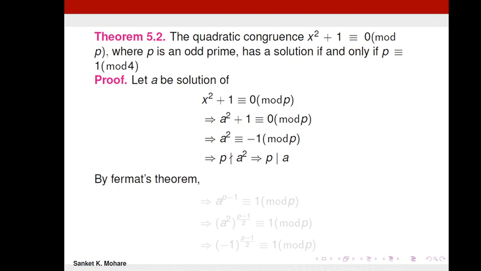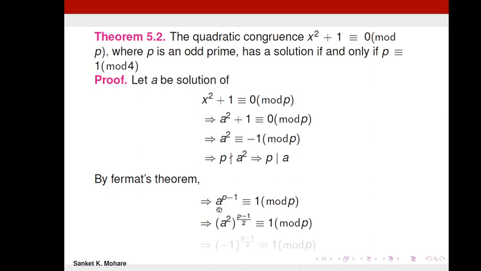By Fermat's theorem, a to the power p minus 1 is congruent to 1 modulo p. So we can modify this as a squared to the power (p minus 1) by 2.